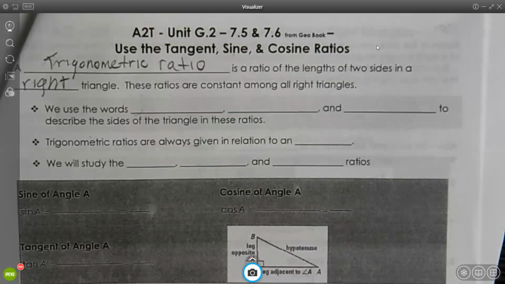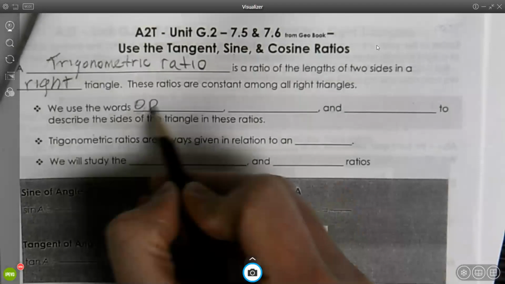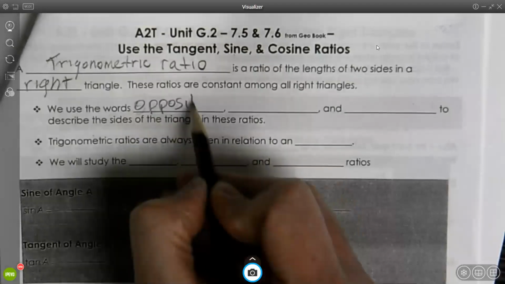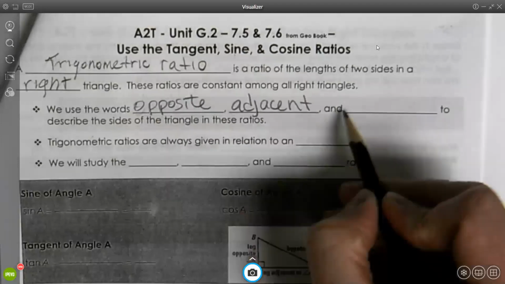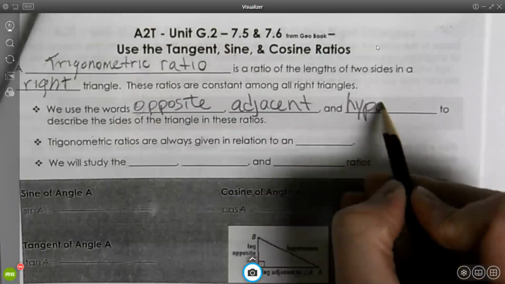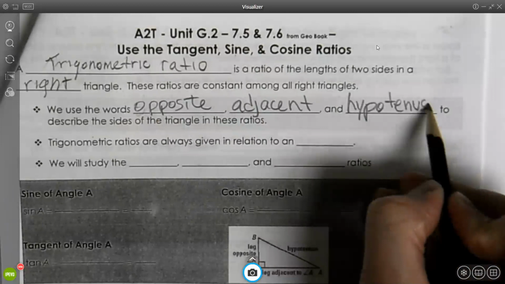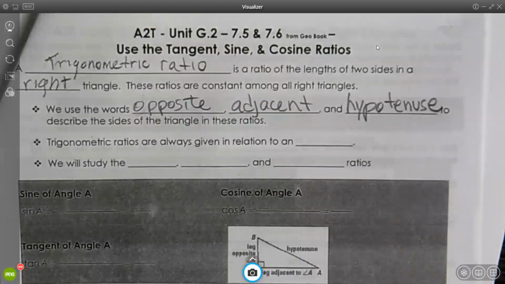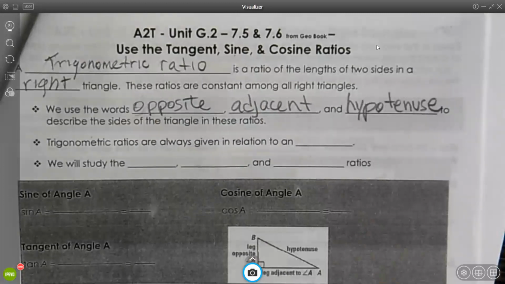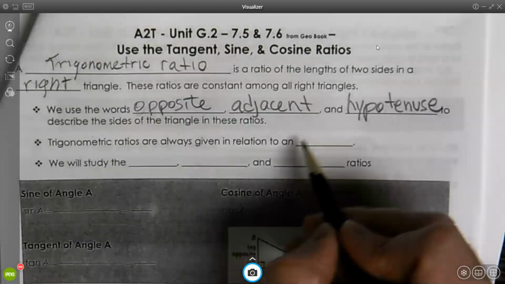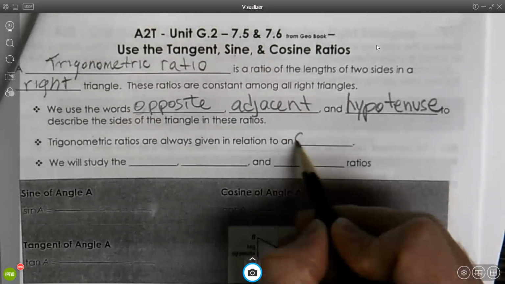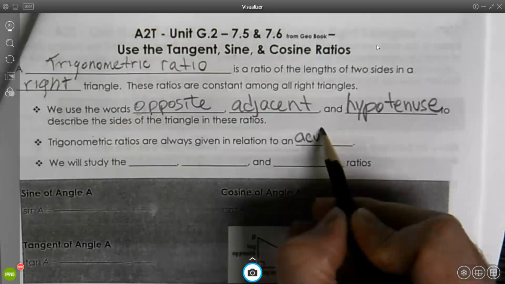We use words like opposite, adjacent, and hypotenuse to describe the sides of a right triangle. The trigonometric ratios are always given in relation to an acute angle.